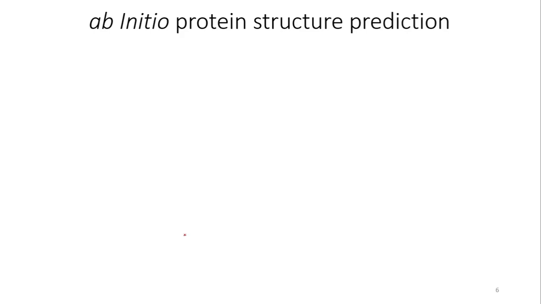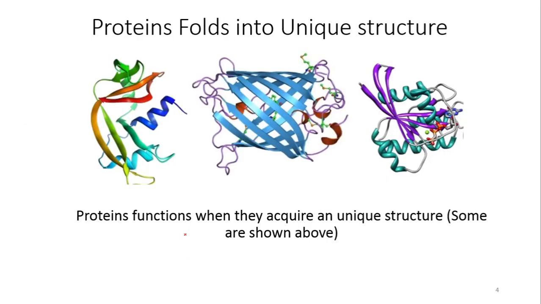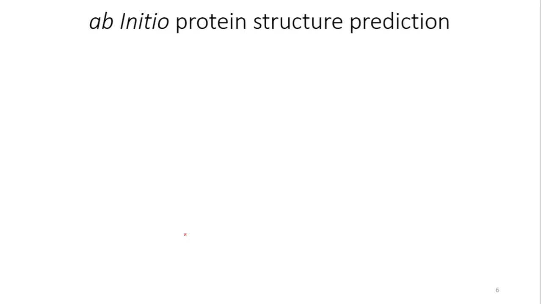Next, let us talk about what is ab initio protein structure prediction. These were the underlying concepts that we are going to need when we talk about ab initio protein structure prediction. So what exactly is it? Ab initio protein structure prediction answers a classic protein folding problem.